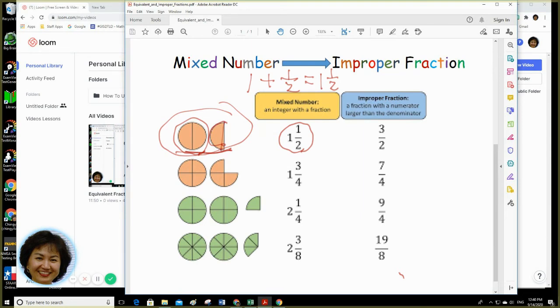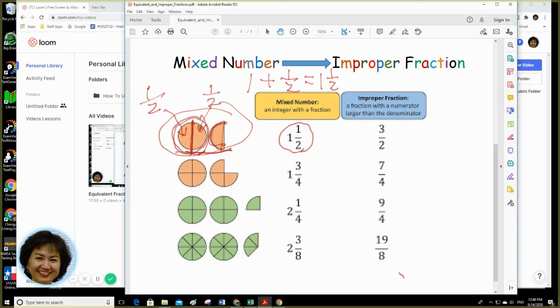But now we can cut the first pizza into 2 equal parts. Like this picture, we cut right in the middle into 2 equal parts. Each part is 1/2 of the pizza. So here's 1/2, here is another 1/2.